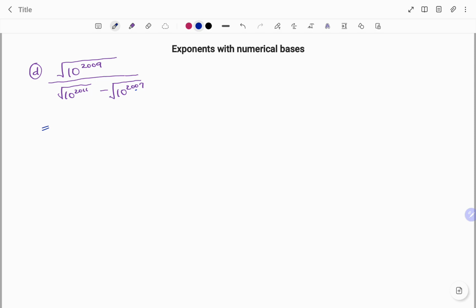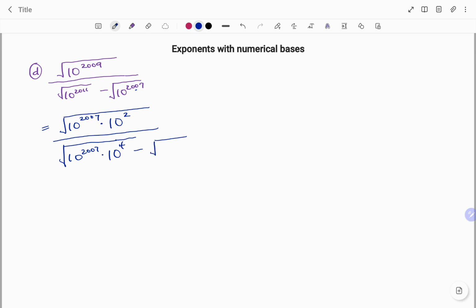So therefore, for my numerator, if I break that down using the power of 2007, that's 10 to the power of 2007 times 10 to the power of, to make 2009, I have 2 more, over root of 10 to the power of 2007 to make 2011, that's 10 to the power of 4, minus, I'm going to leave this as it is, that's 10 to the power of 2007.